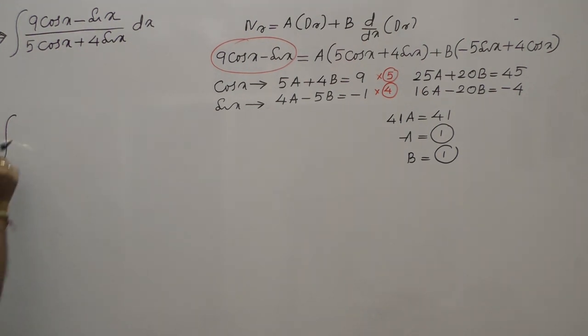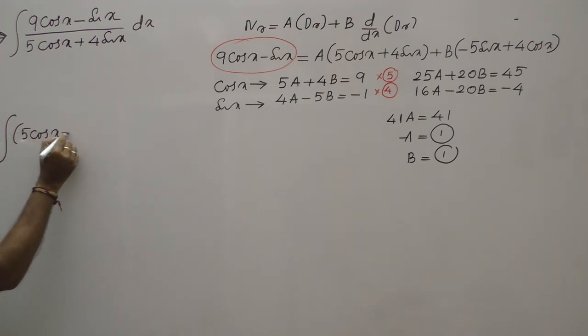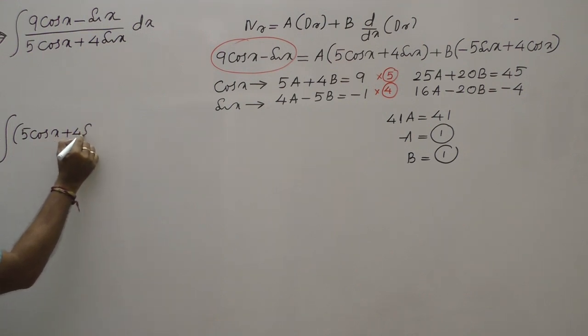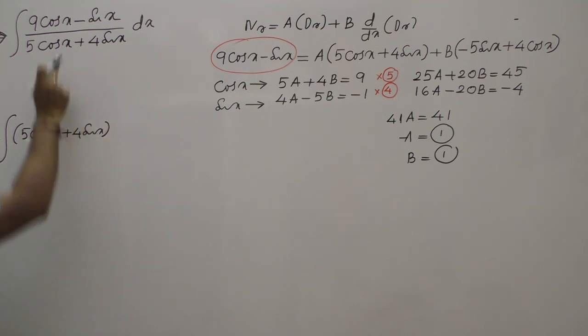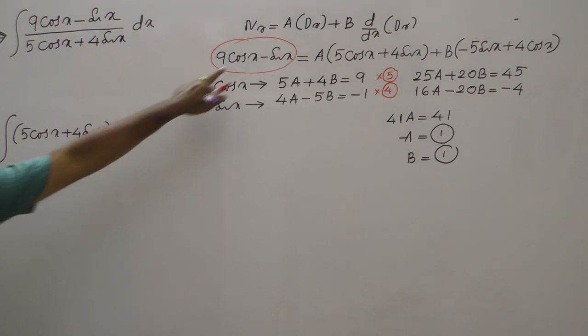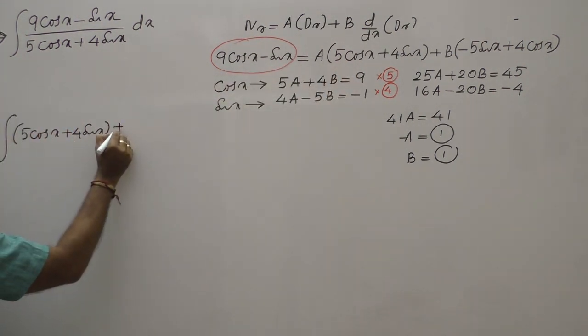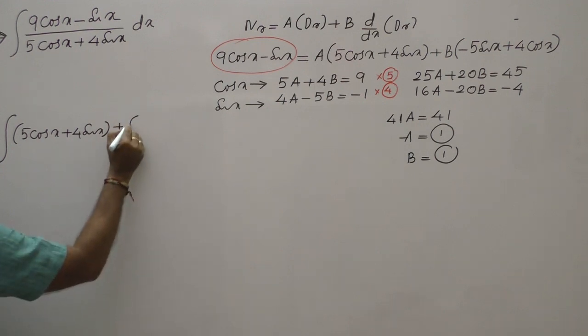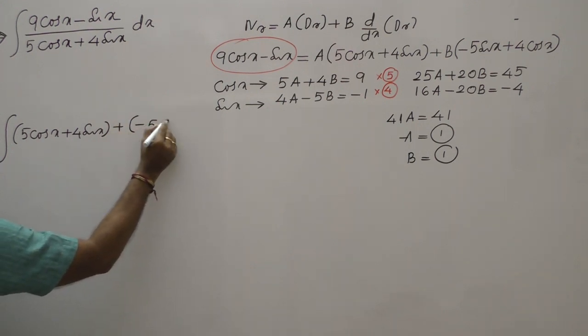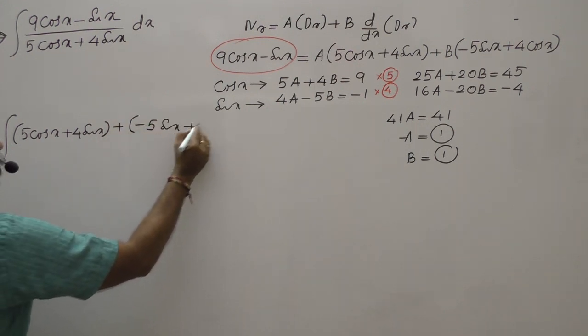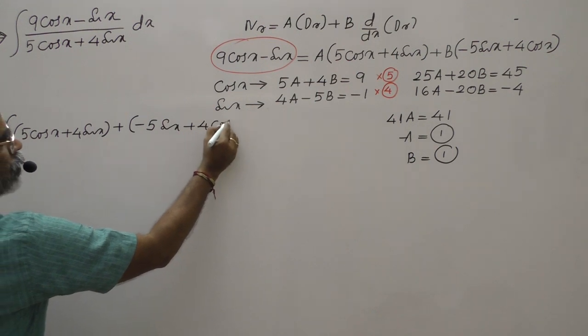Therefore it is 1 into (5 cos x plus 4 sin x), plus b, b is also 1, into (minus 5 sin x plus 4 cos x).